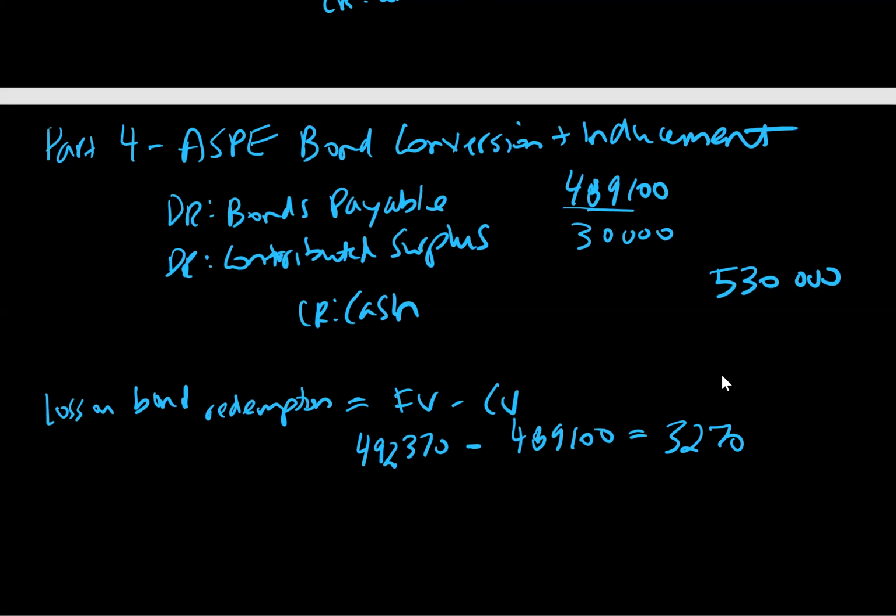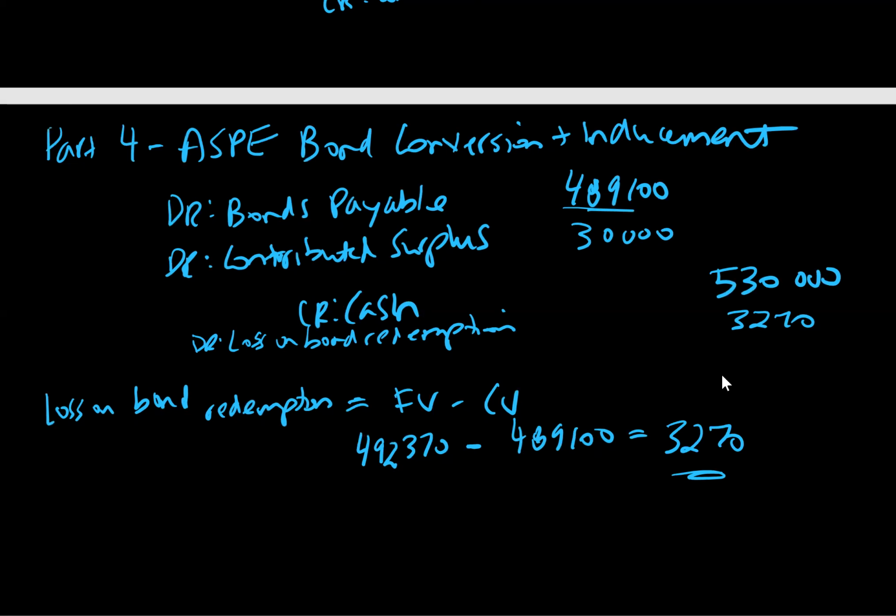That means that we actually exercised this debt for $3,270 less than the fair value, meaning that there needs to be a loss on the redemption of the debt. Loss on bond redemption, which is going to be $3,270 here.